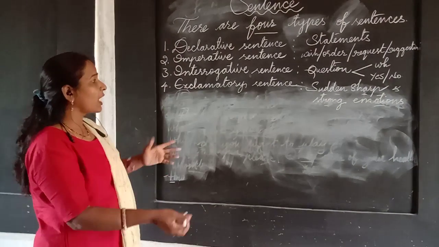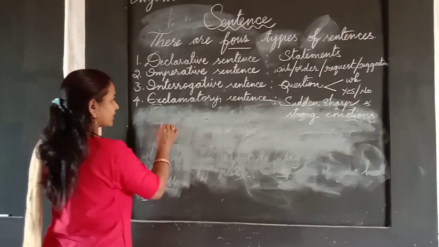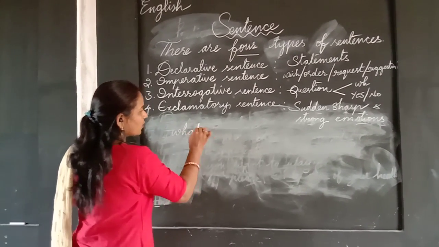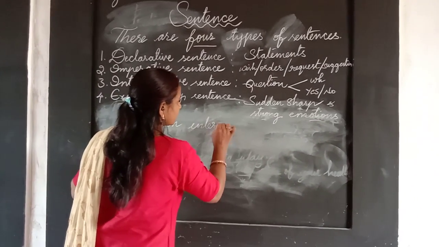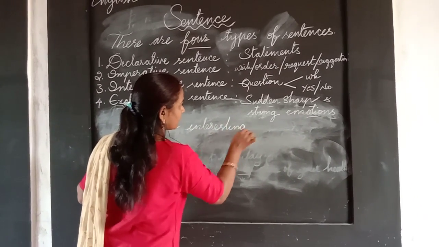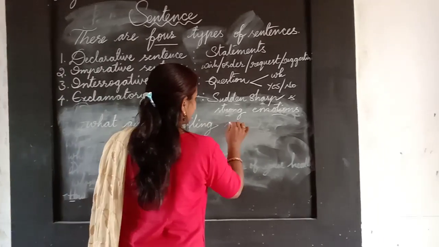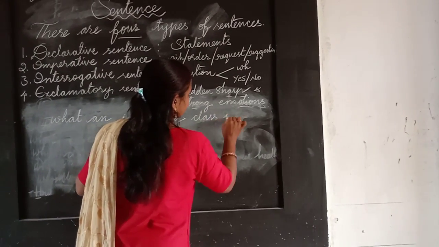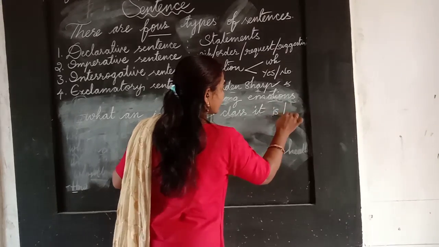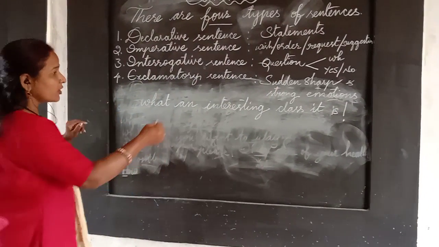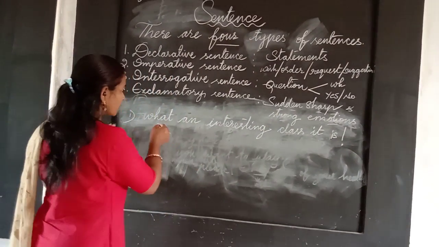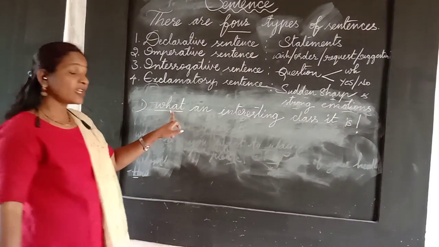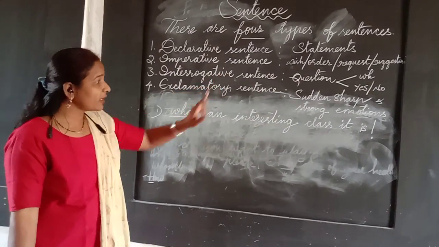Now, let's see how an exclamatory sentence is written. For example, what an interesting class it is. Here, what did I do? I expressed my emotion. Earlier we used what for WH questions.